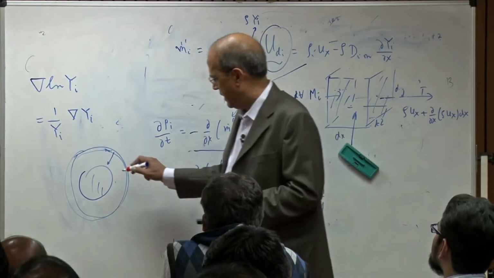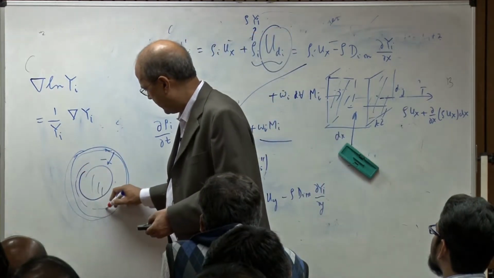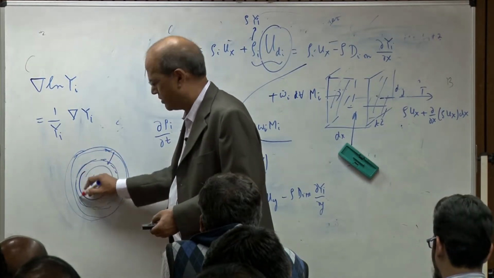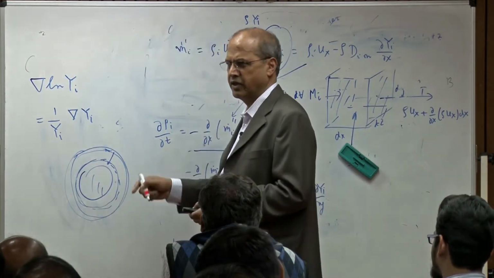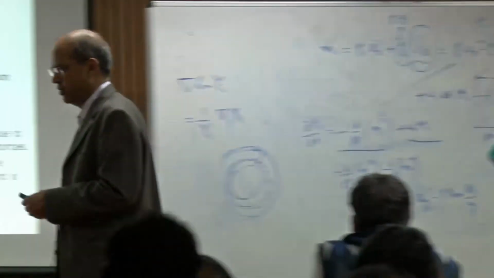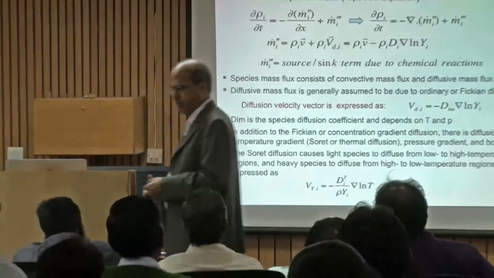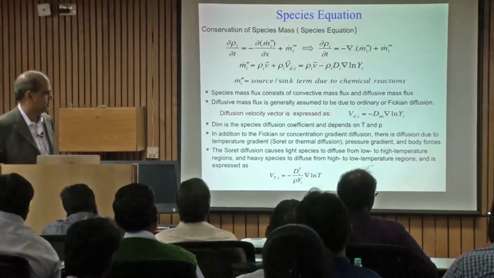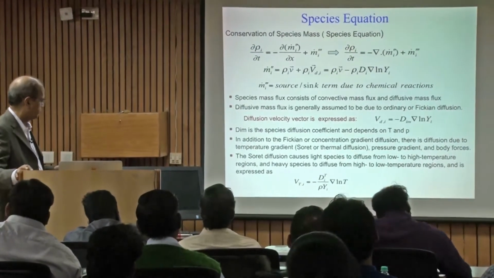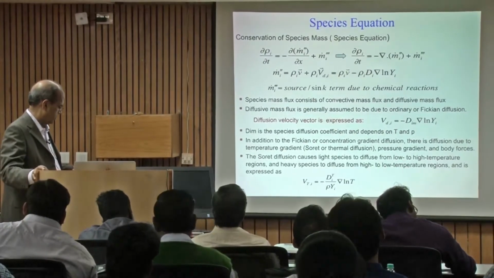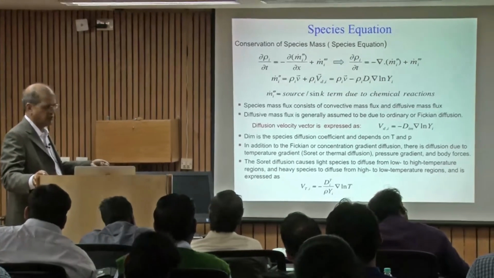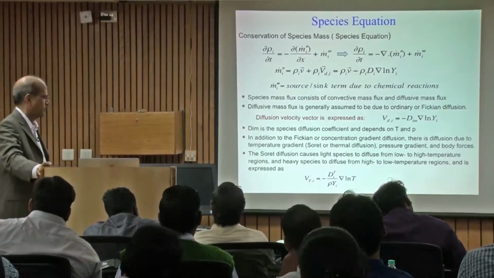And people have shown nice pictures of a soot cloud around the droplet, like a yellow ring. That is a well known phenomenon, and that is due to this thermal diffusion process. But most analyses we do not consider this.